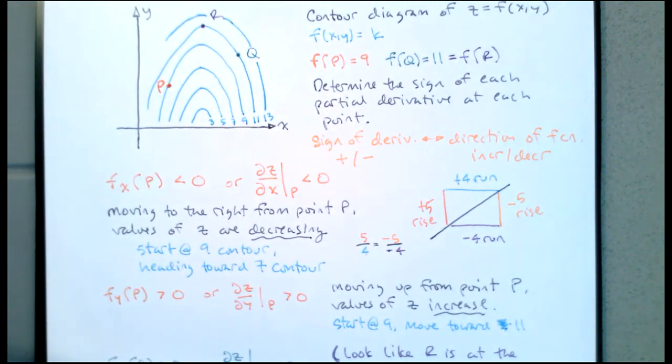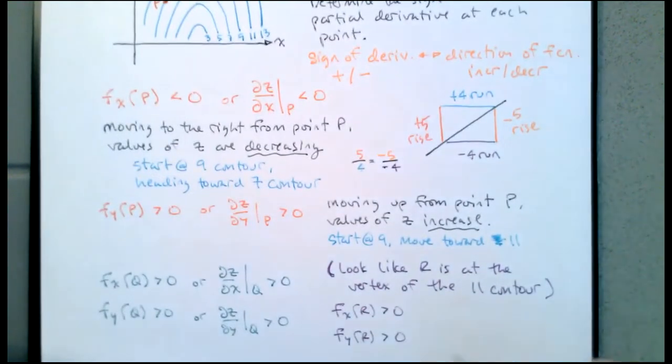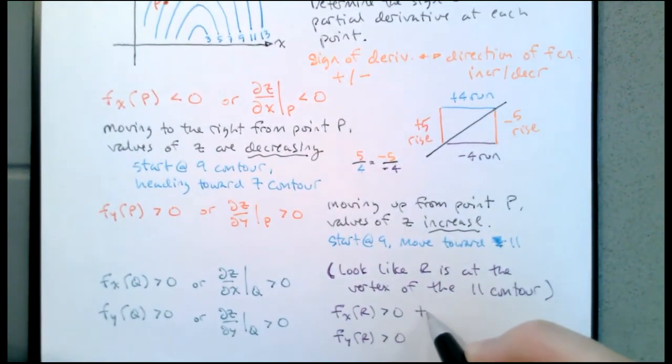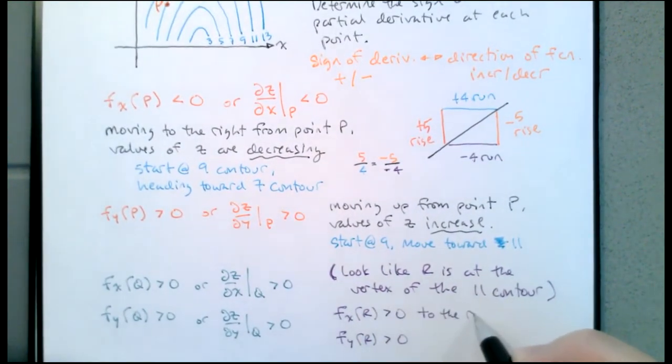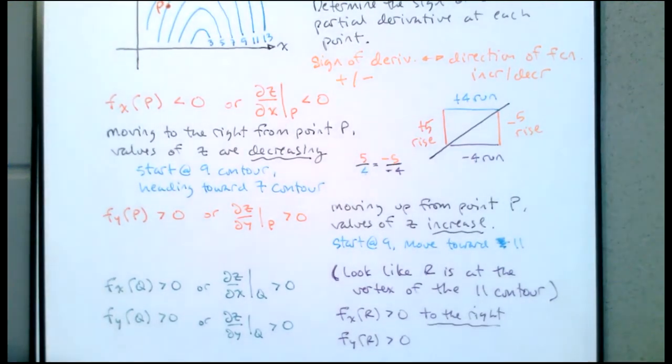So if X decreases by 1, Z is also increasing. So if we head to the right, it looks like the values of Z are increasing, but if we head to the left, the values of Z are also increasing.